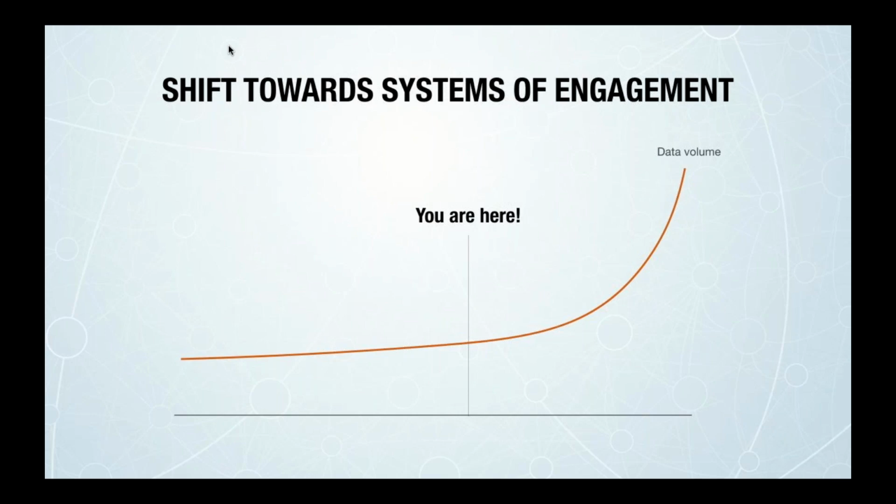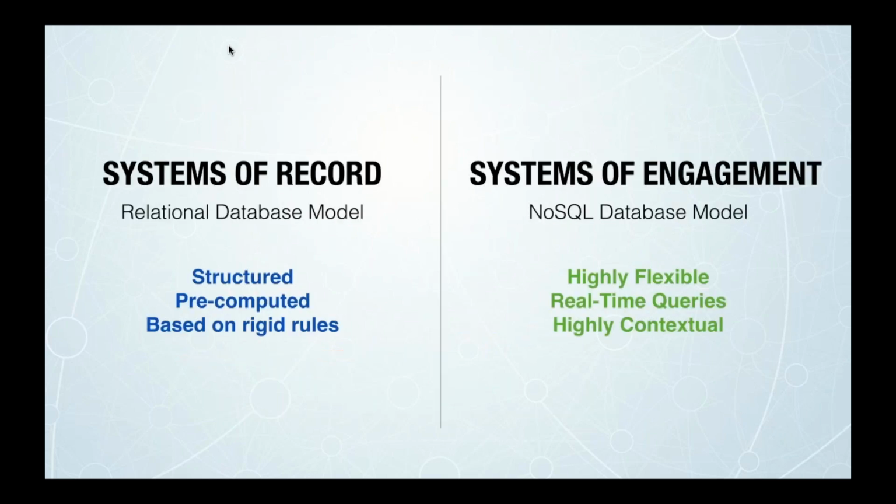But as more and more systems and devices start to get online and start to produce data, and we think of things like data science and data analytics, and we think about how we can make real-time decisions off of our data efficiently with things like machine learning, we're going to be collecting more and more data. So we're here right now, but we have that strong upward slope to still get to.